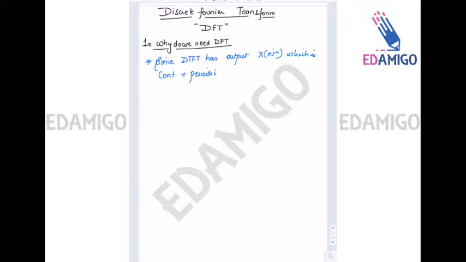Since this is a continuous and periodic function, it has infinite information from minus infinity to infinity, which is very difficult to store in any digital storage. So what's the problem? The problem is that this function is continuous and periodic from minus infinity to infinity. If we want to store the information, it will take infinite space.